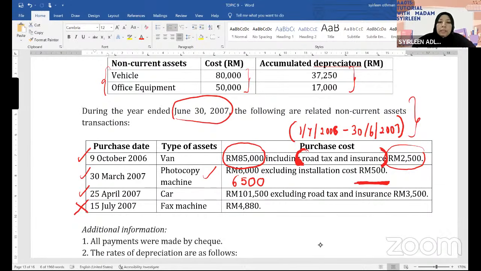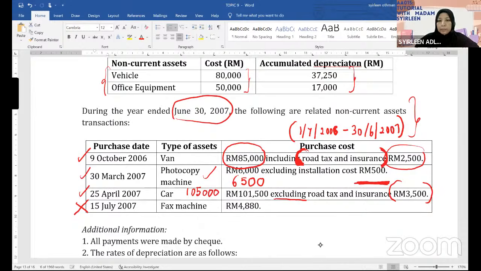25th, kita beli kereta 101,500 excluding, tidak termasuk road tax and insurance. So your tax and insurance is 3,500. Okay. Jadi nilai yang saya akan catat untuk the new vehicle here is 105,000.